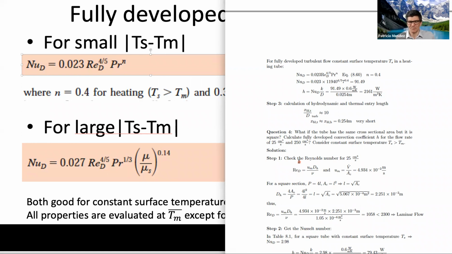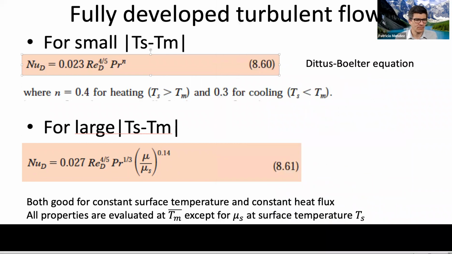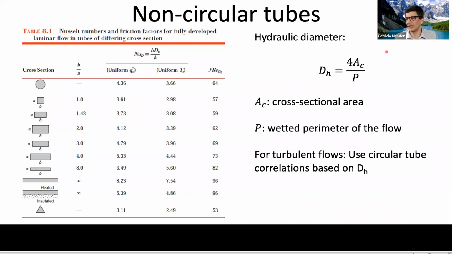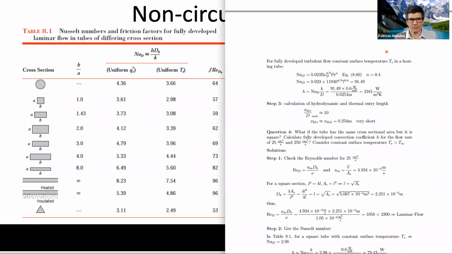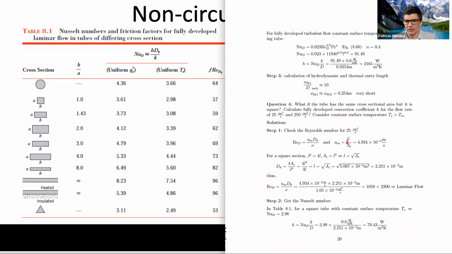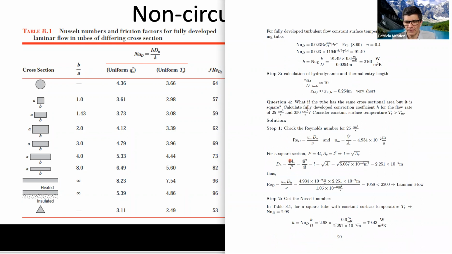Let's check it out. Step number one, we needed to calculate the Reynolds number. But the Reynolds number depends on diameter, and when the cross-section is non-circular, as you get to see here, we needed to use the hydraulic diameter, right? The hydraulic diameter was 4 times the cross-sectional area divided by the perimeter.